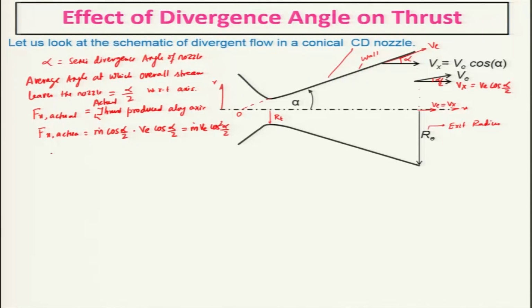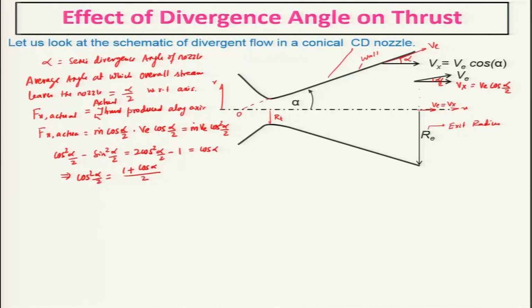We know from trigonometry that cos square alpha by 2 minus sin square alpha by 2 is equal to 2 cos square alpha by 2 minus 1, which is equal to cos alpha. Therefore, cos square alpha by 2 is equal to 1 plus cos alpha, divided by 2.